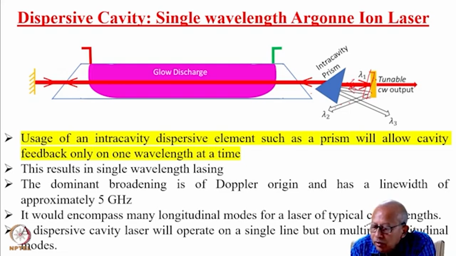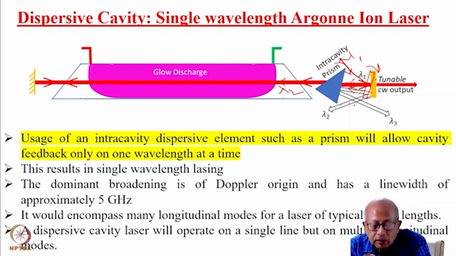So lambda 2 will now oscillate, and lambda 1 will just fly off. So by tuning this mirror, or even by tuning this prism, either this mirror or this, you can choose different wavelengths and make the laser oscillate on those different wavelengths.